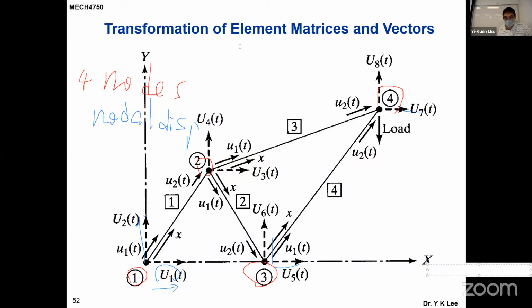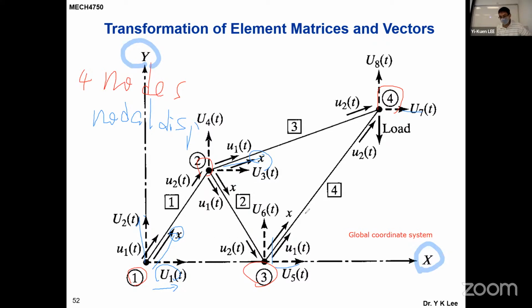Here we have what we call the global coordinate system, capital X, capital Y, and then for each element an additional local coordinate system, small x here and small x here.